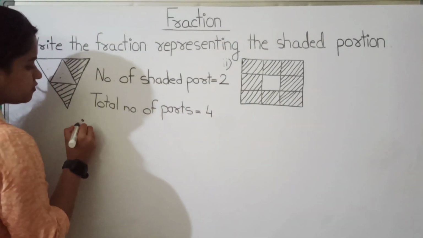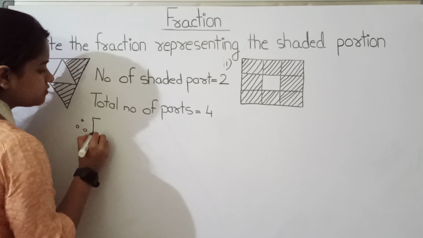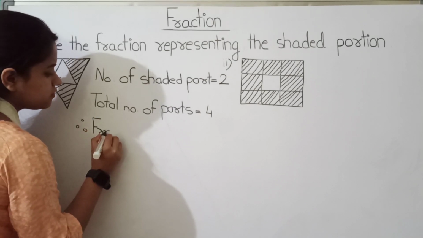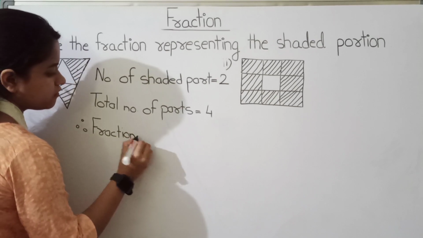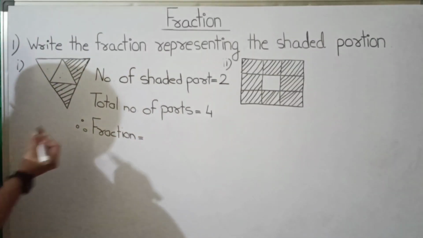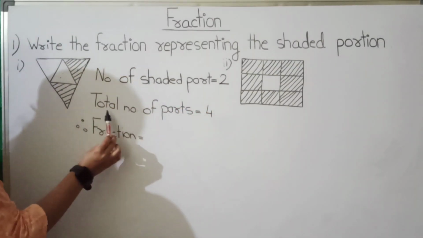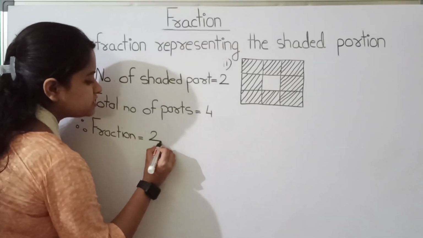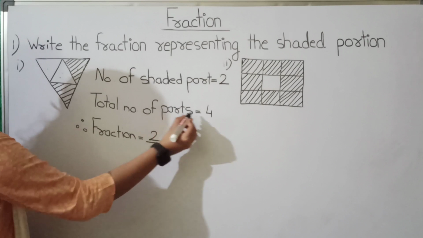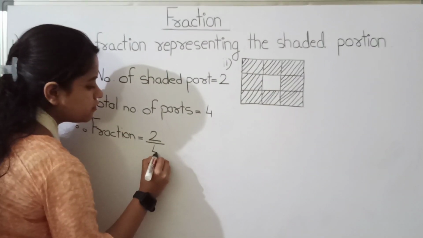Therefore fraction will be equivalent to number of shaded parts divided by total number of parts. That is, number of shaded parts is how much? That is 2, and total number of parts 4.